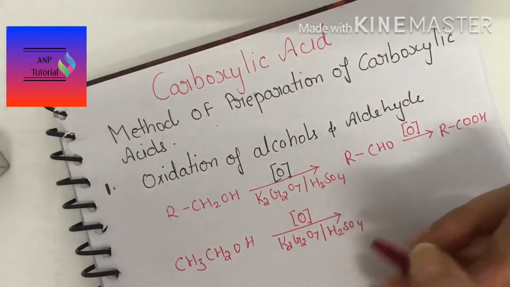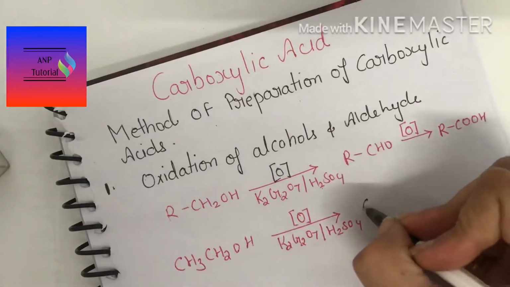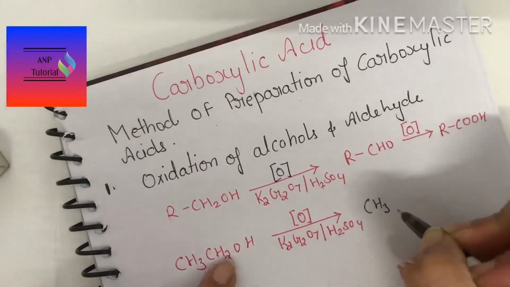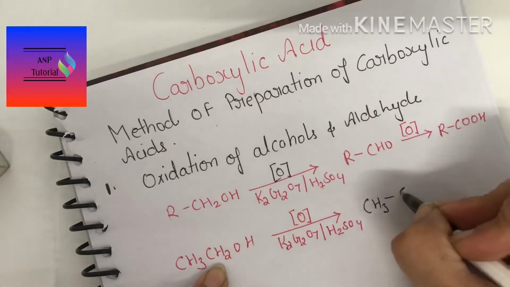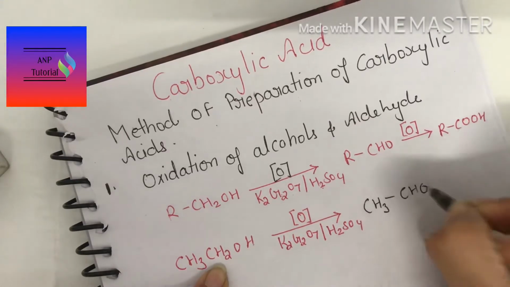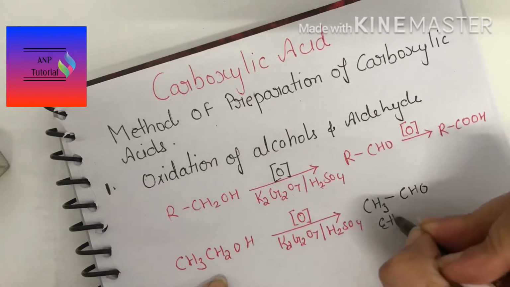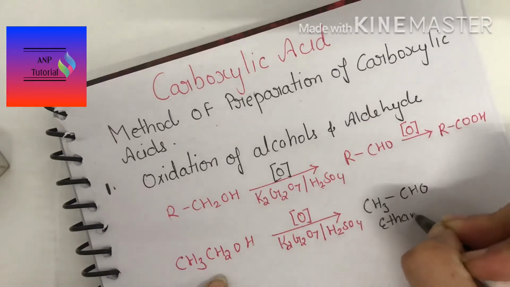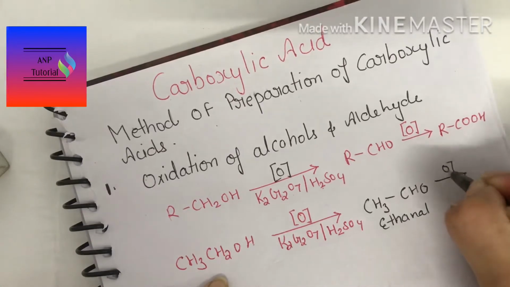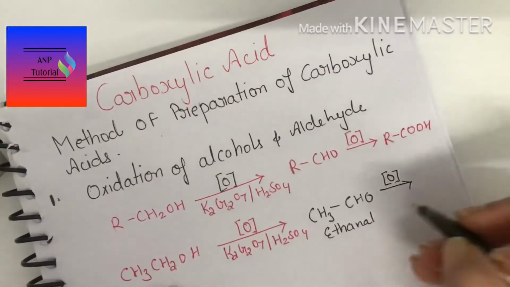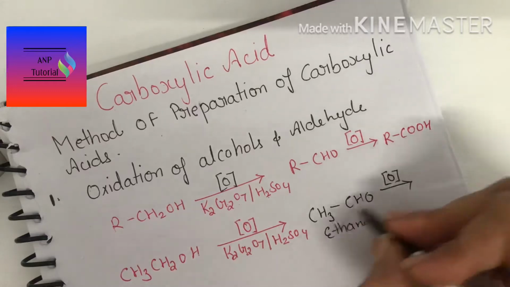Then how will we write this? CH3, this whole CH2OH group changes into the aldehyde group. It is ethanal, right? And then on further oxidation, we get the carboxylic group. What?